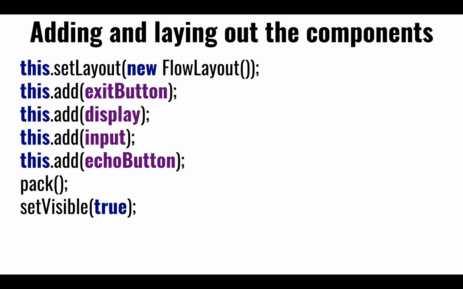We can say, hey frame, I want you to lay out the content using the following layout manager, whether it's flow layout or grid layout or border layout. There's a whole bunch of layouts. We say use this layout, and then just add them. Add the exit button, the display, the input, the echo, and the very last thing we say is pack, meaning go ahead, make it so. Just recalculate all these positions based on what I just gave you. And now display yourself. Just render yourself on the screen.